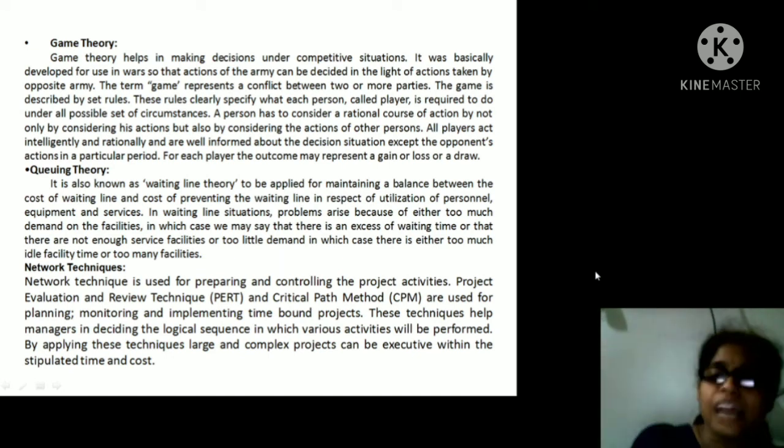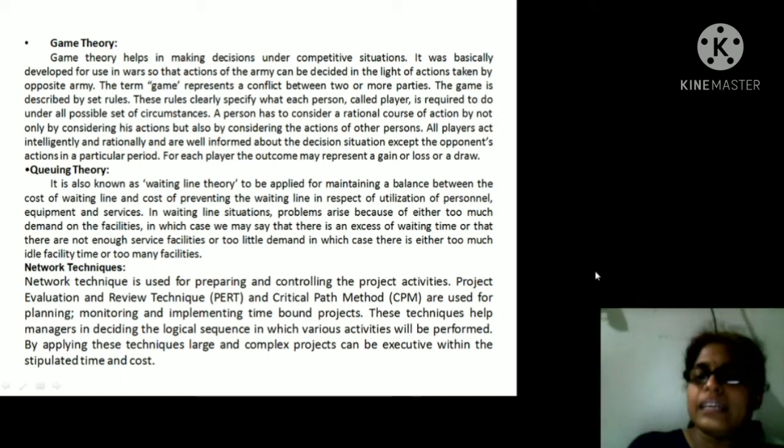Now in that example, the two techniques, PERT and CPM, are used for planning, monitoring and implementing the time-bound project.